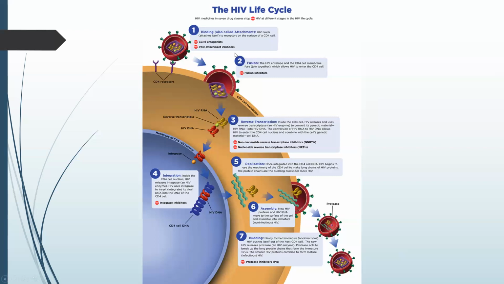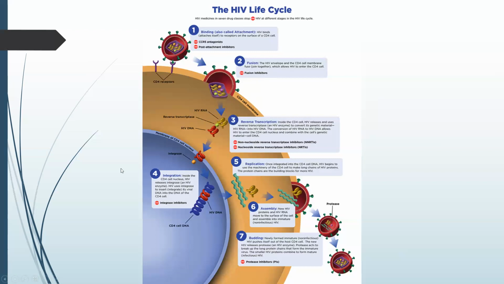Some medications help to prevent it from binding. Once it fuses, it merges through the cell membrane and starts to dump its genetic information. And there are fusion inhibitors. If you've been pricked by a needle of a patient that has HIV, they may give you one of those medications as a prophylaxis, perhaps.